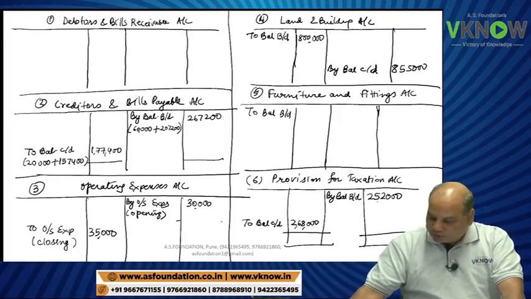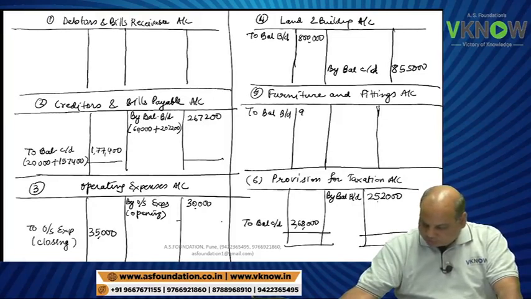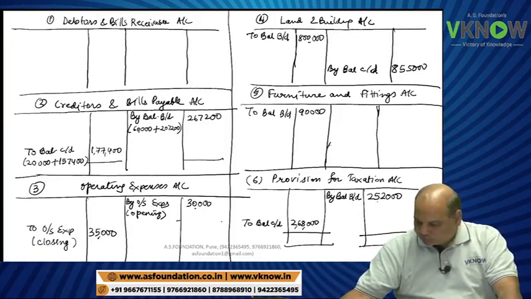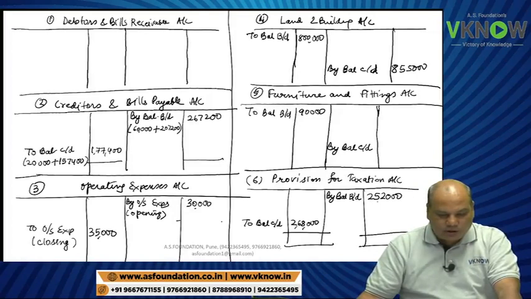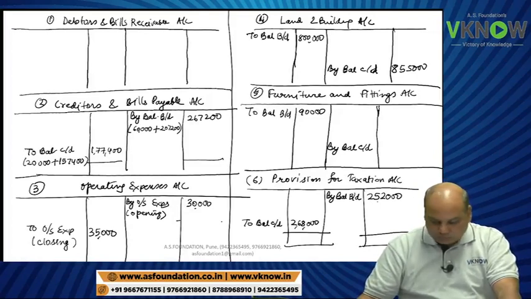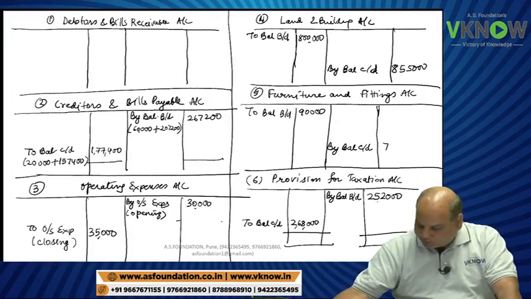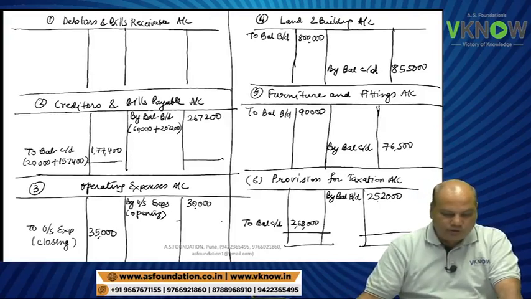To balance brought down is 90,000. And by balance carried down is 76,500.